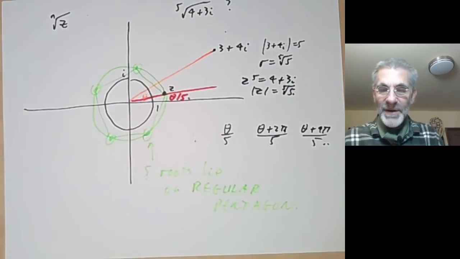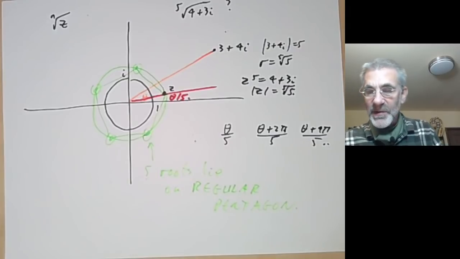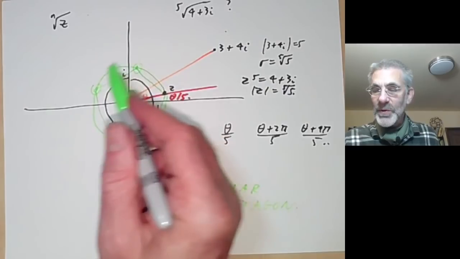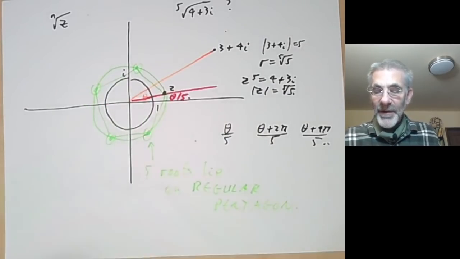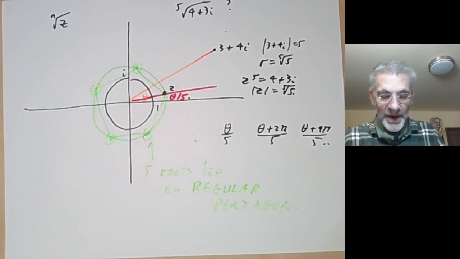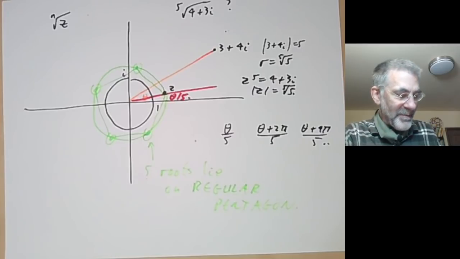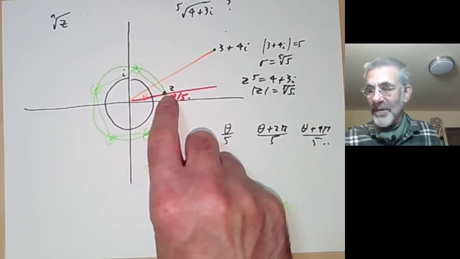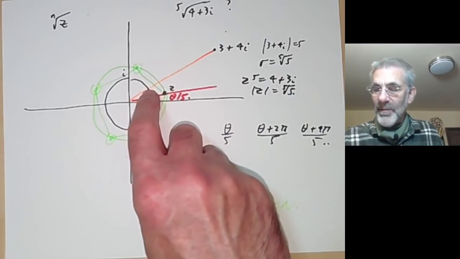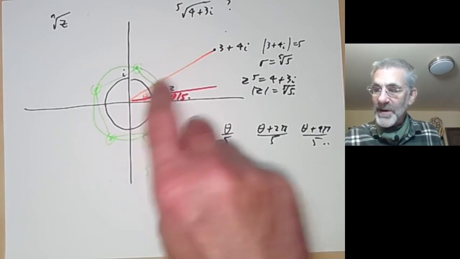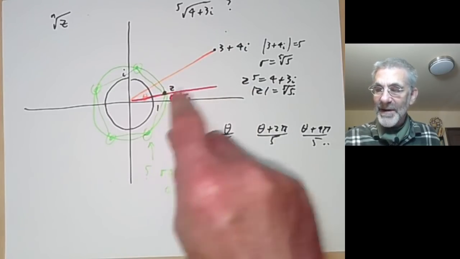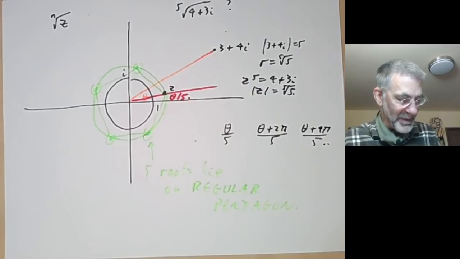And the same happens if you take any nth roots of any non-zero complex number. You find there are going to be n roots, and they lie on the vertices of a nice regular n-sided polygon, and you can work out the vertices explicitly by working out the argument and the absolute value of z and dividing the argument by n and taking the nth root of the absolute value.